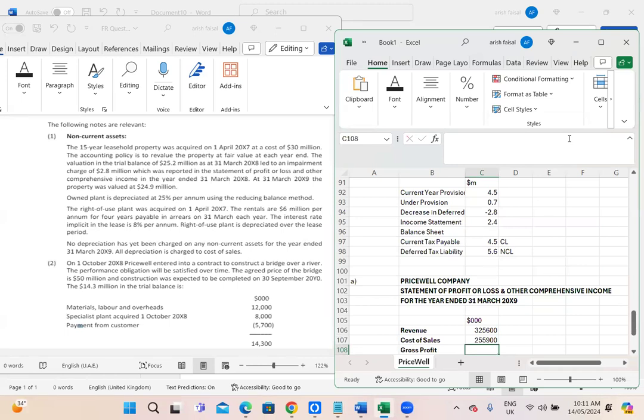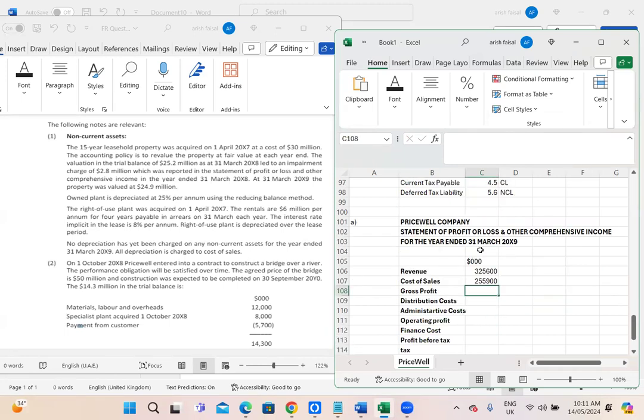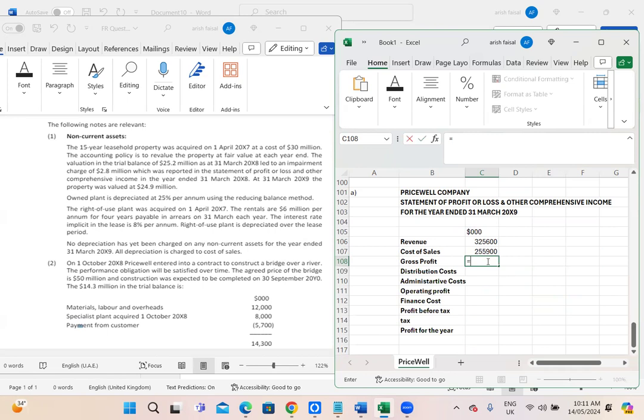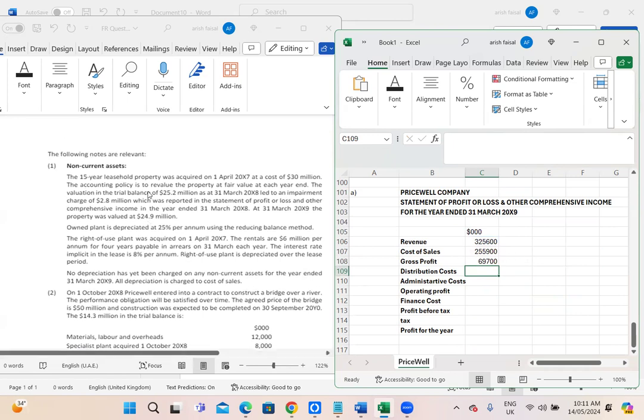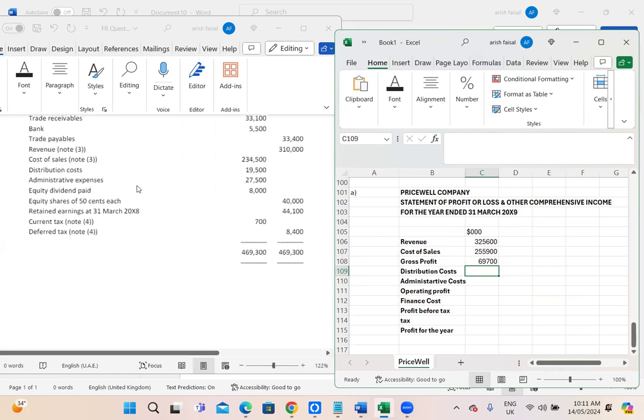So this gives me a total of 255,900 and my gross profit would be this minus this. So in that case, what I get is 69,700 as my gross profit. Distribution and administration, you can just simply copy paste from here. Distribution is 19,500, right?